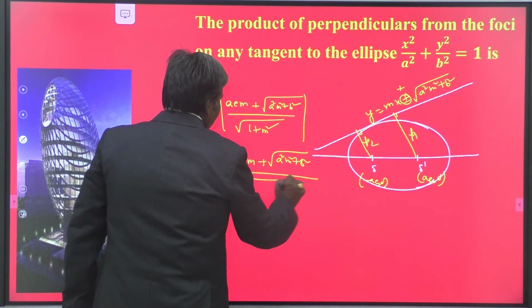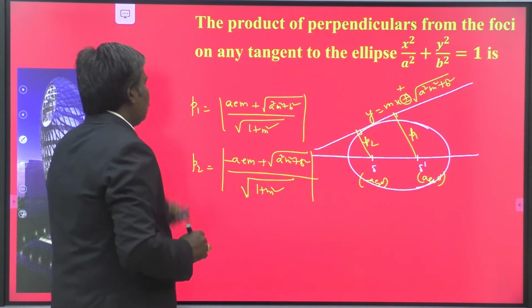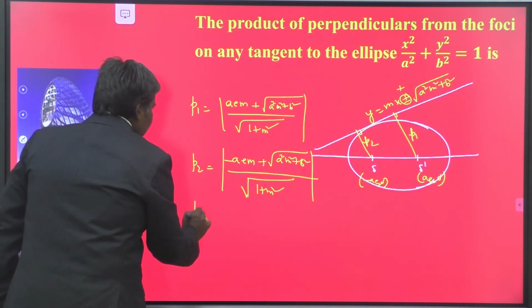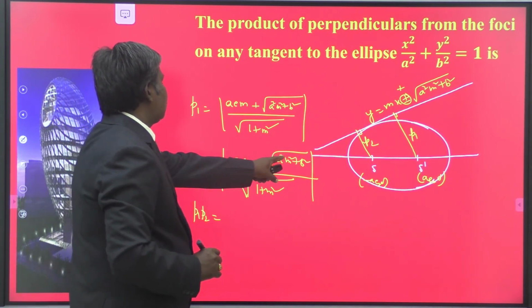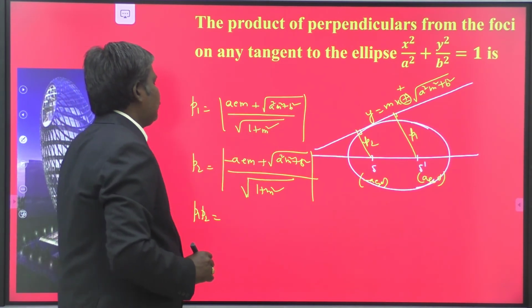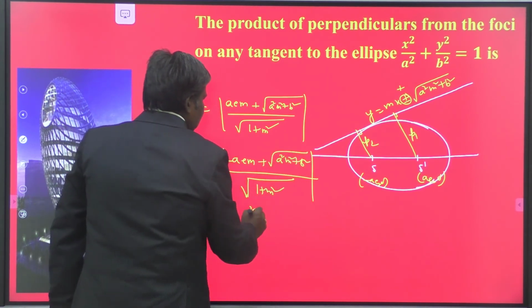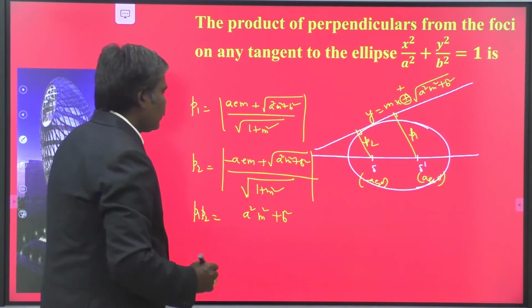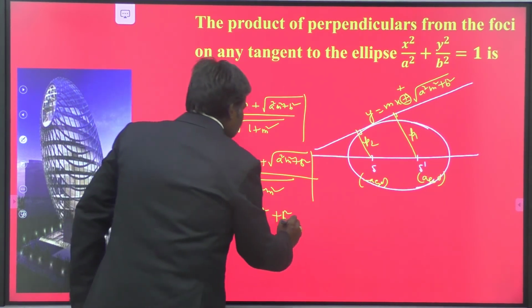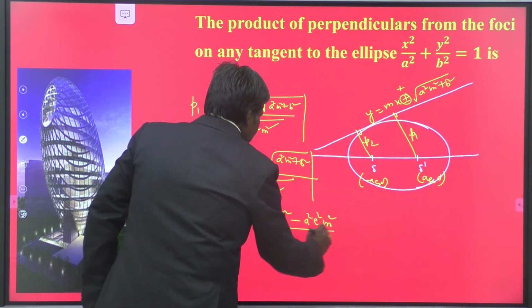Now the product P1 P2 is of the form A minus B into A plus B, A square minus B square. By squaring, the square root cancels: a square m square plus b square minus a square e square m square, by 1 plus m square.